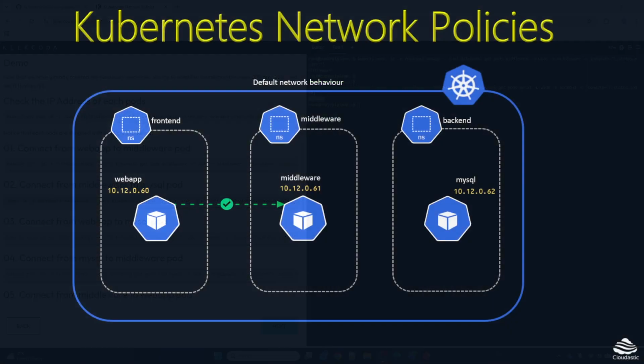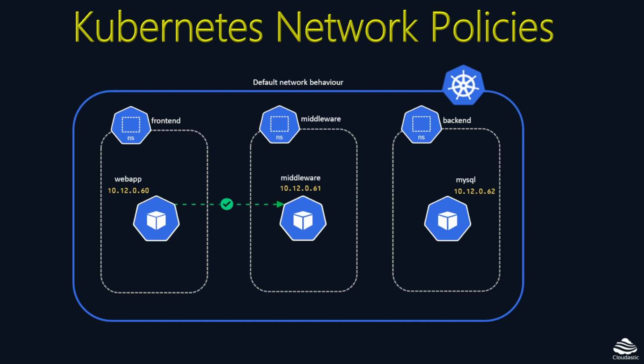And coming back to our visual representation, so just to indicate what we have just done. So we have completed testing the connection between the middleware pod to the MySQL pod.